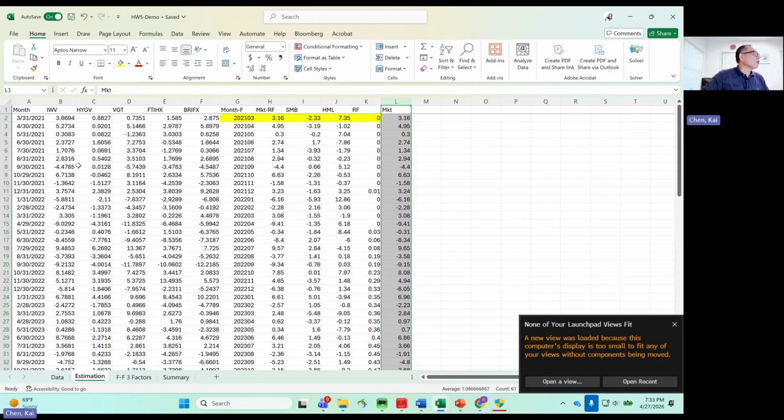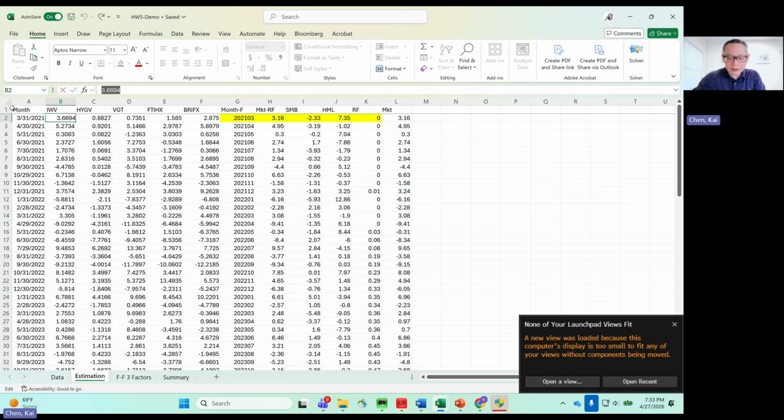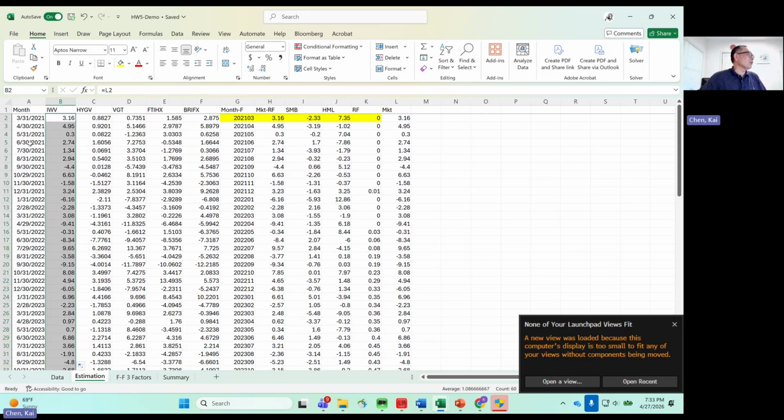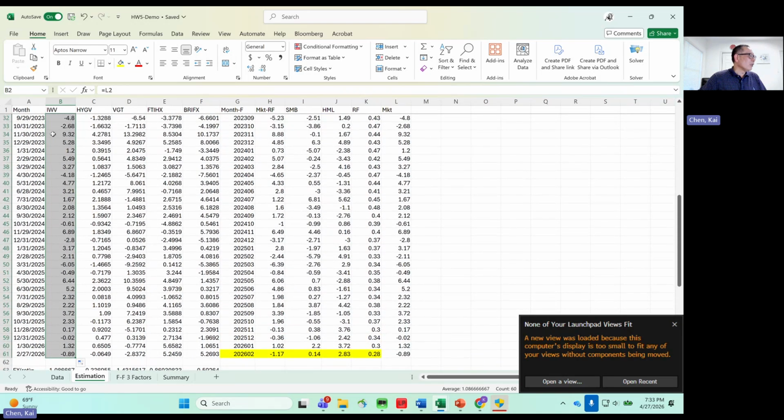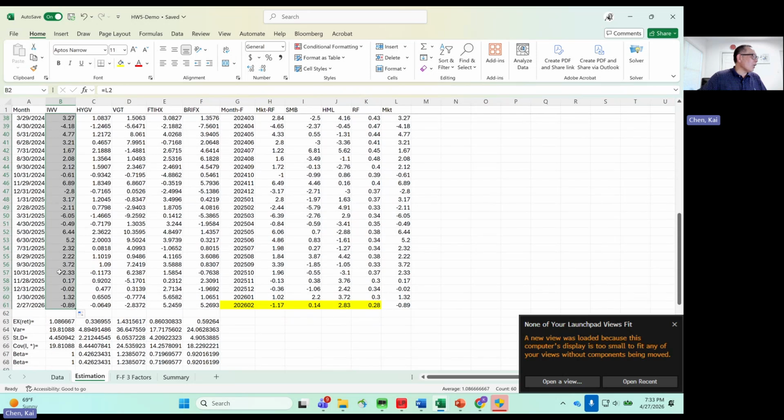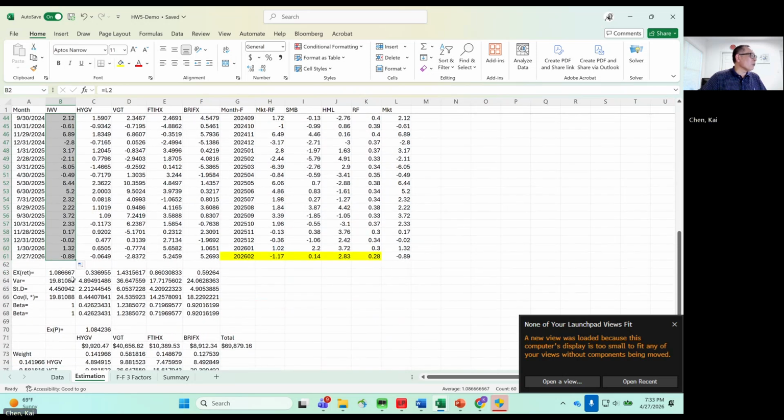So this one would be equal to this one, and now I'm going to move the cursor to the right bottom corner and double click the cross. Now we can see we have replaced this column. Now let's see the results.